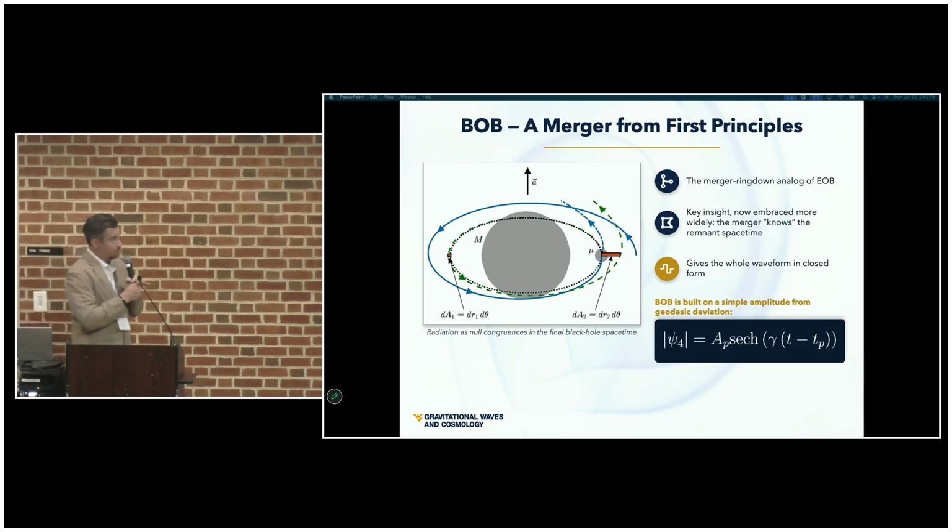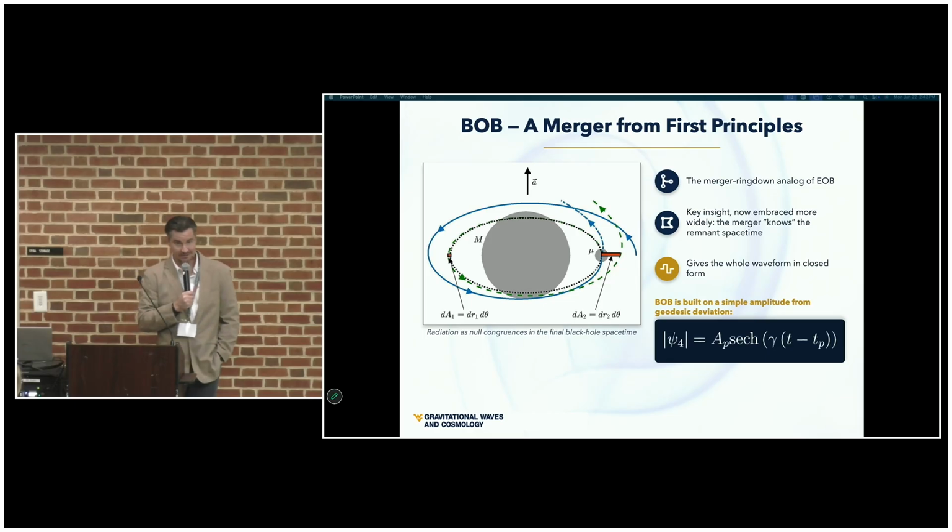Okay, Bob, you already heard a bit about, but it's very physics first. For the L equals M modes, it's super simple and clean. You can write down an amplitude for one of the metric quantities just based on geodesic deviation. Not only is it closed form, it's a hyperbolic secant, the simplest thing. You can then calculate a frequency based on that amplitude evolution.